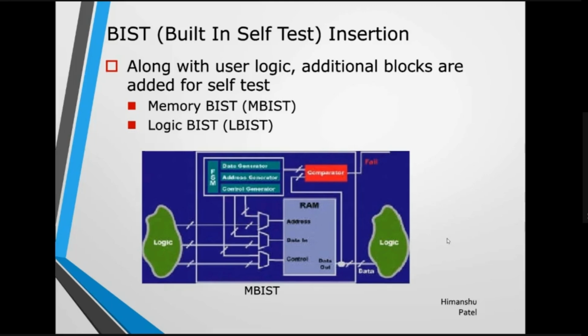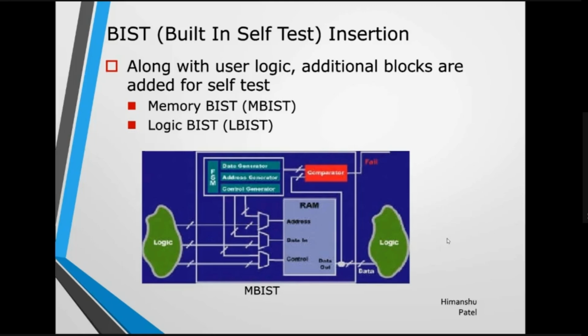So these are the types of memories, RAM and ROM. ROM is a read-only memory. The naming is read-only memory, but it's a type of memory where we store data, like our hard disk.